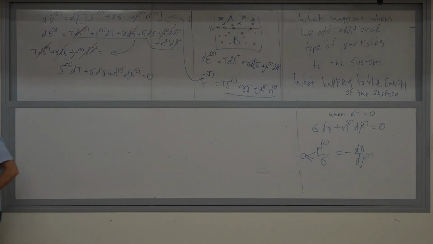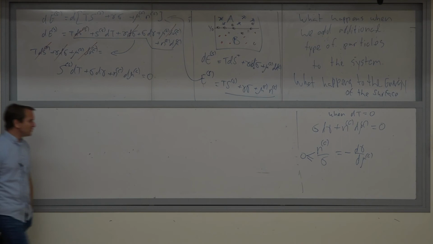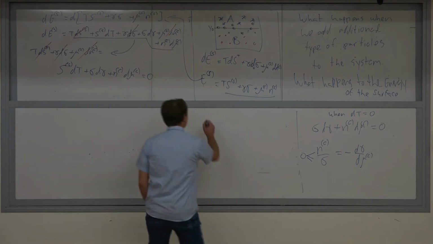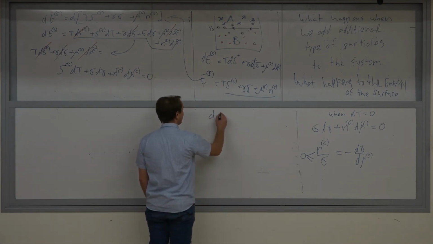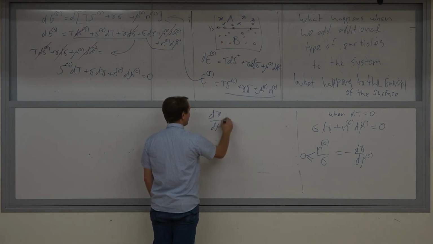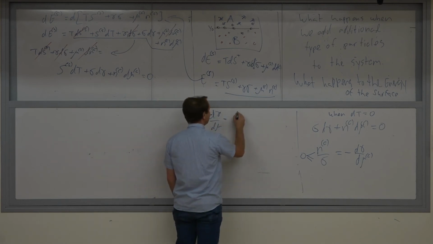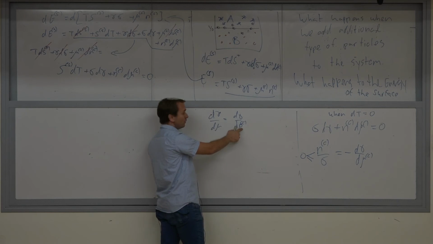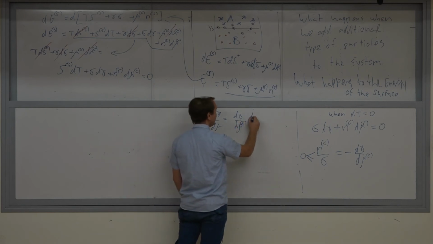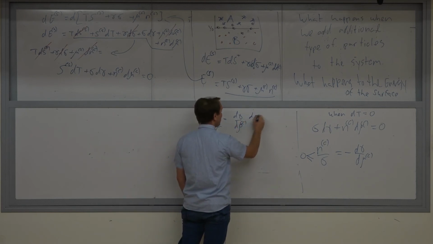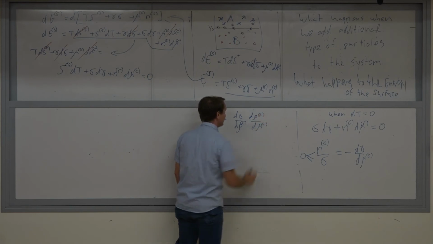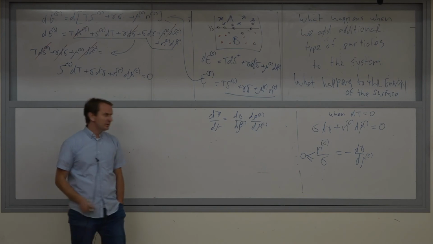What is mu? We can say dγ/dμ is dγ/dρc, the concentration of C, multiplied by dρc/dμc. Why am I doing this?